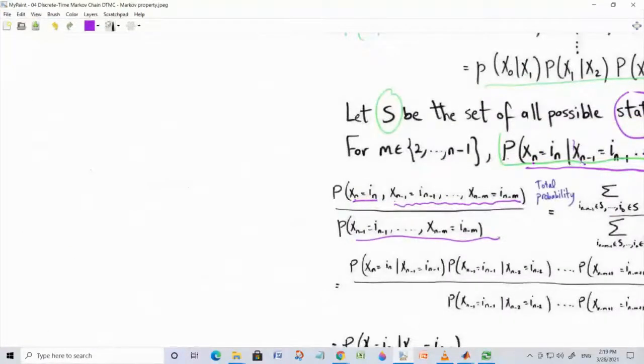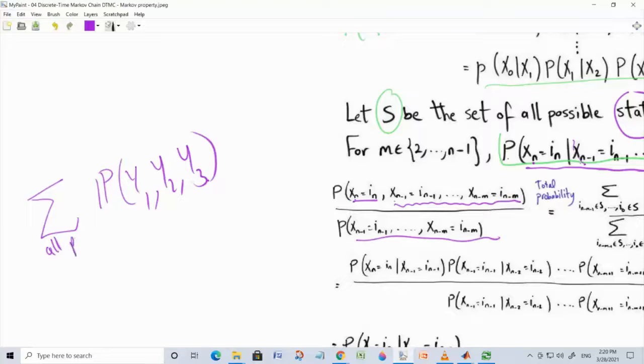Remember that if you have the probability of random variables, let's say y1, y2, y3, and then you sum over all possible values of y3, you get the so-called marginalization. You get the marginal of y1 and y2.